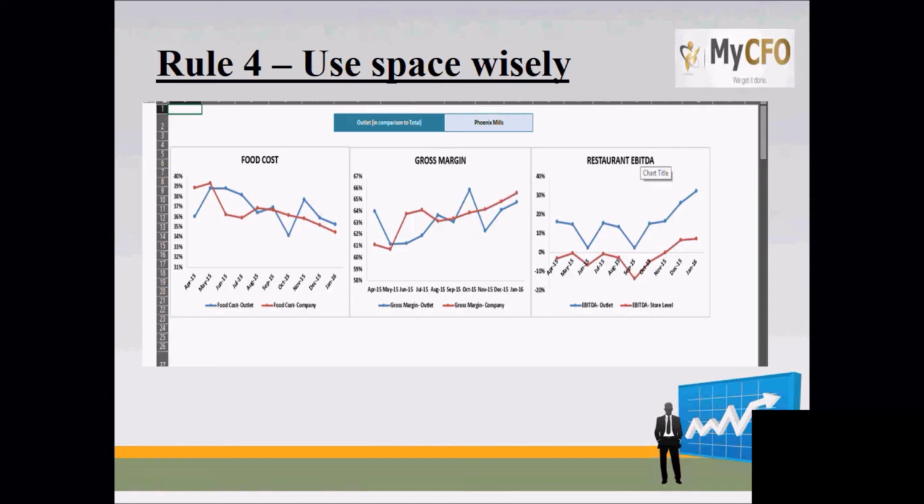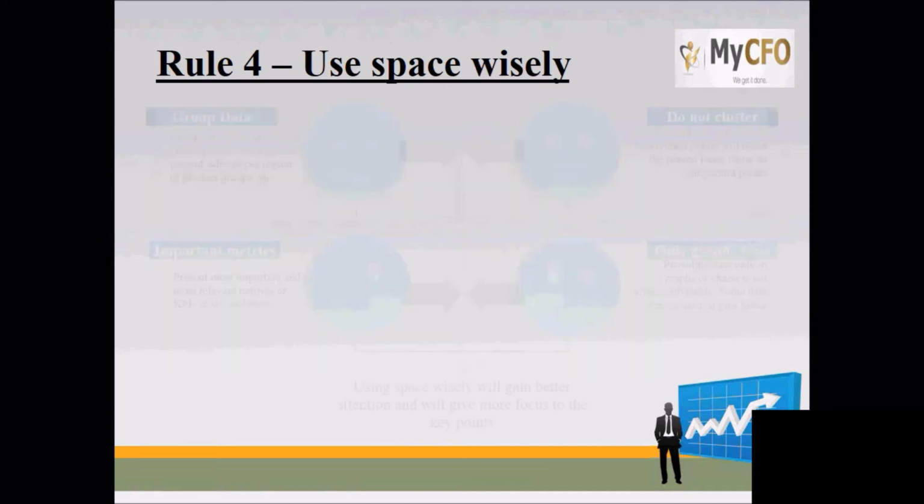With an option of a drop down, you can select any of the outlets. Not only can you select the outlet, this particular dashboard gives you a comparison of all these 3 things with the company. Each outlet can be compared with the company level data.